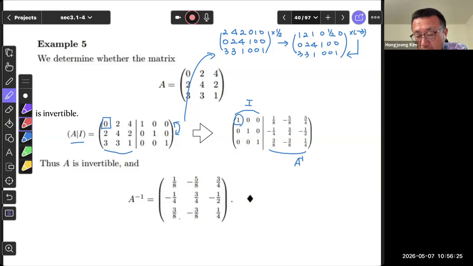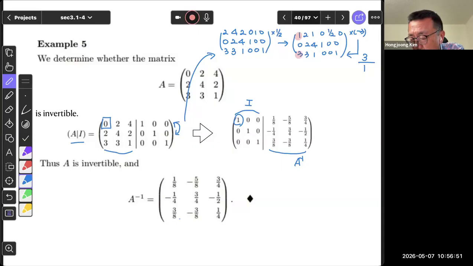You look at the entry in the first row, first column, and the number I want to eliminate is 3. The number I want to eliminate goes to the numerator, and the one I'm using goes to the denominator. And then you always put a negative sign in front.